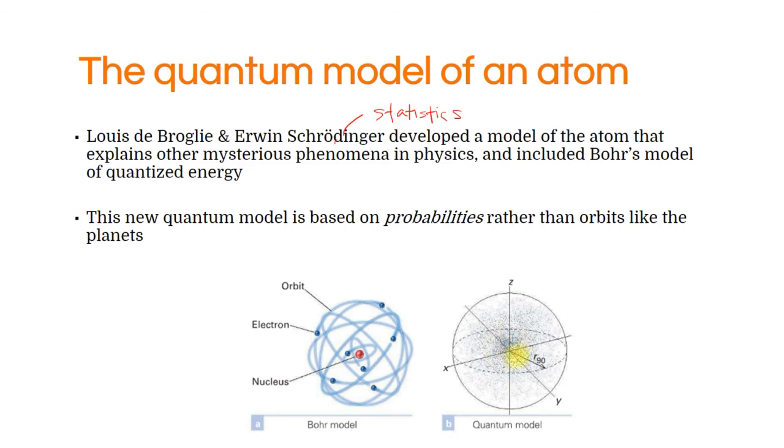That means you're really likely to find an electron somewhere in that space. And as we get further and further away from the nucleus, the likelihood of finding an electron in that area decreases. Okay, so in the quantum model, which is from Schrödinger, we picture electrons existing in a given area as probabilities.